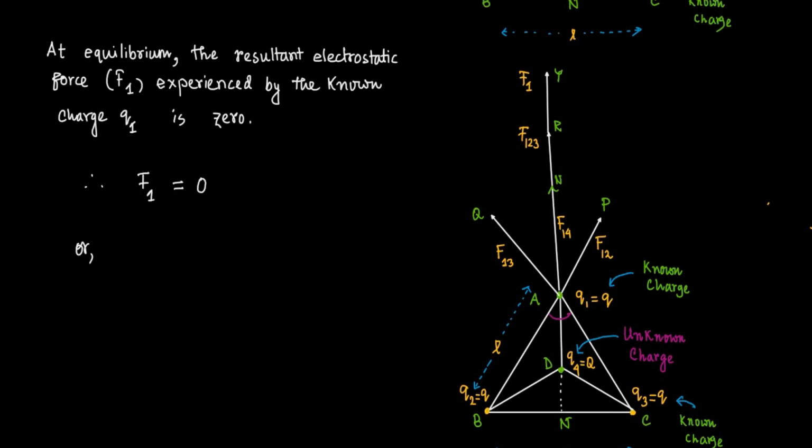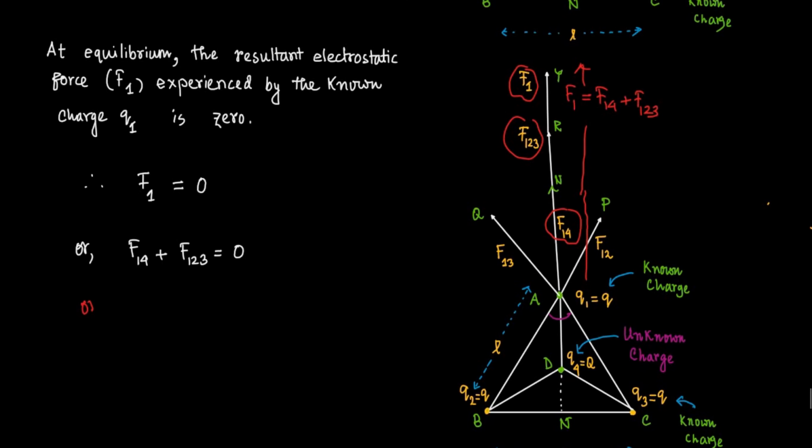Therefore, F1 equals 0, or F14 plus F123 equals 0. In the diagram, F1 is the resultant force experienced by the charge Q1, and F1 is the resultant of F123 and F14. That's why F1 is equal to F14 plus F123, which is acting along the direction AY.